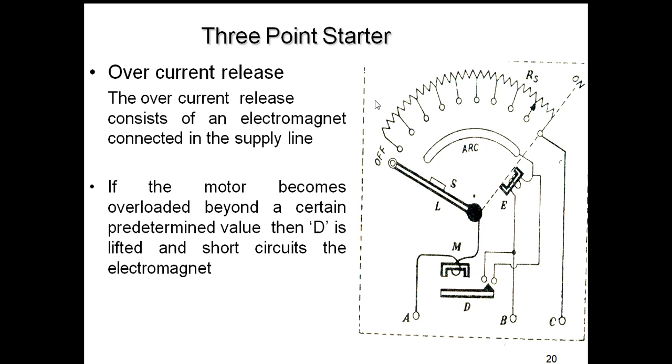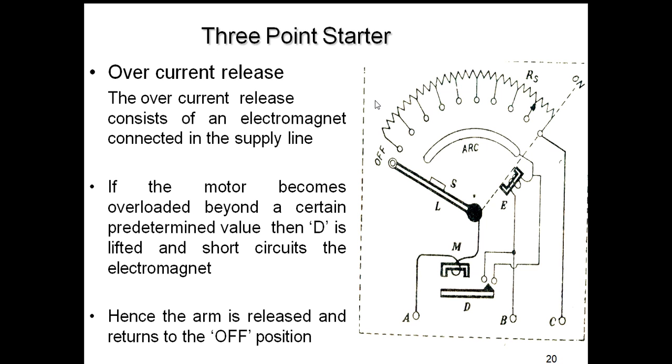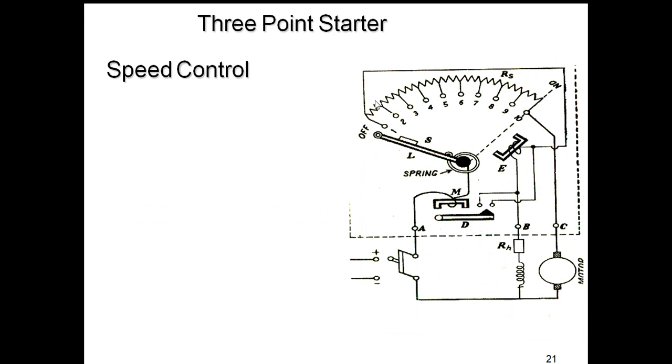And if the motor becomes overloaded beyond a certain predetermined value, then D will be lifted and the terminals get short circuited across the electromagnet. Hence, the arm is released and returns to the off position.